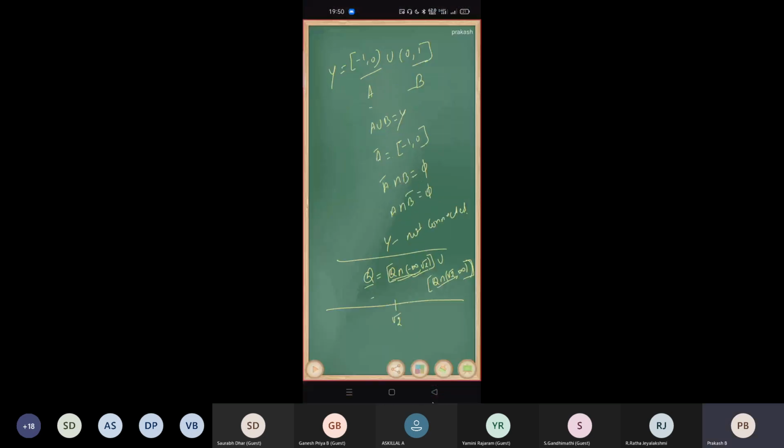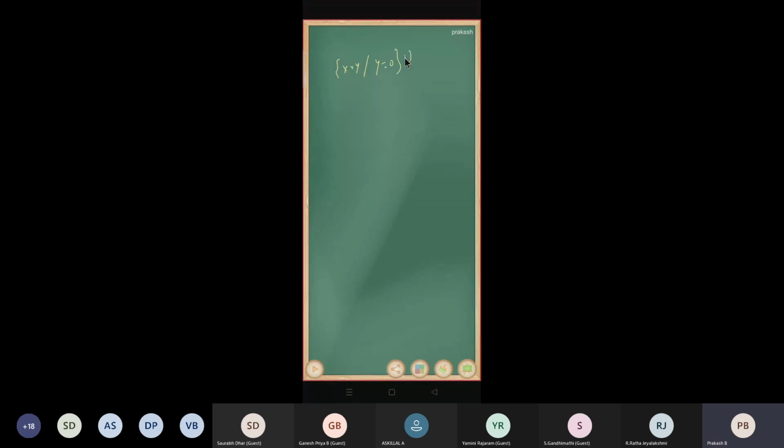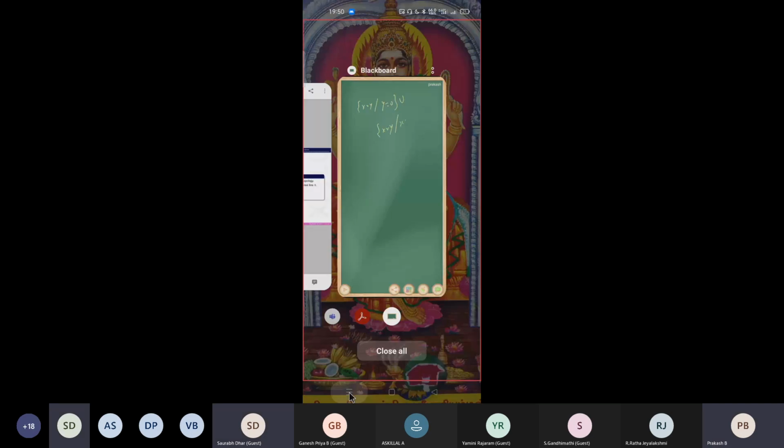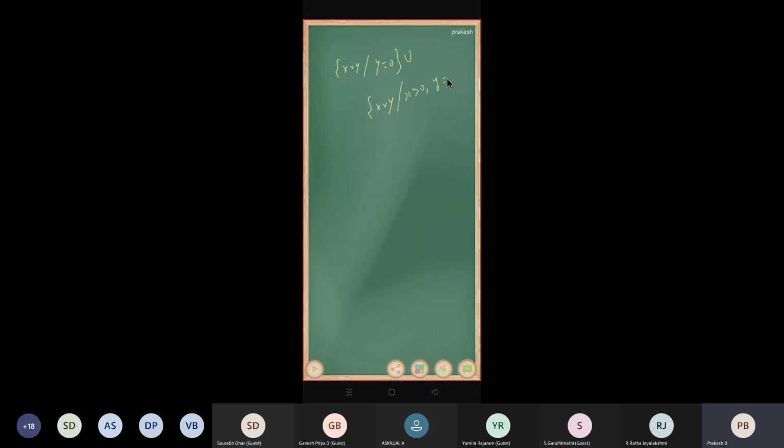So the first set of all x cross y such that y equal to 0, union set of all x cross y such that x greater than 0 and y is equal to 1 by x, right?